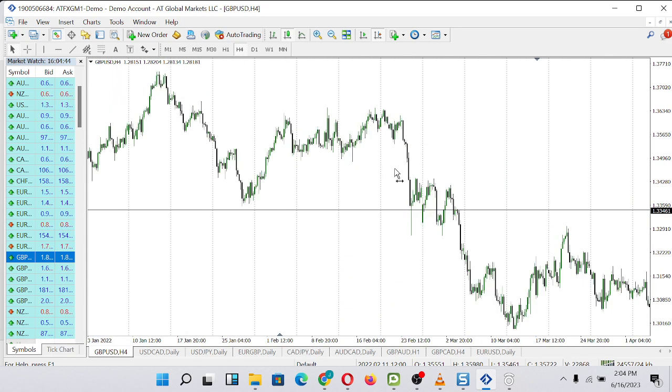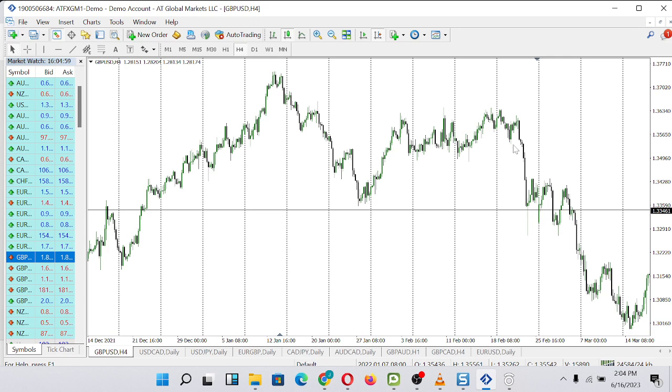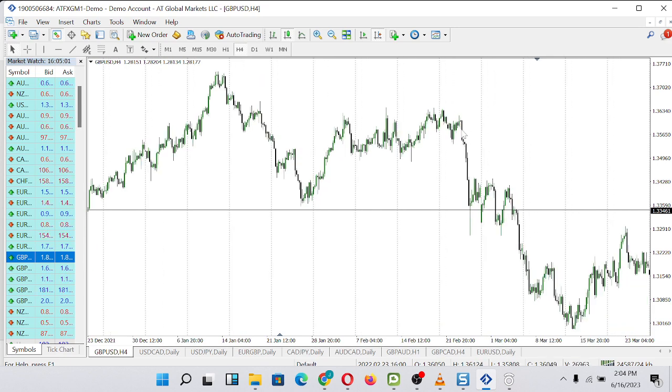Okay, look at this. It engulfed, right? But it didn't take out liquidity. It engulfed and broke structure, but it didn't take out liquidity. Here too, what? It engulfed, right? And broke structure. The move is what? Impulsive as well.